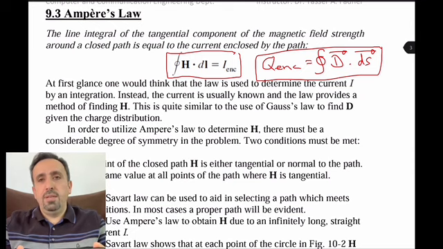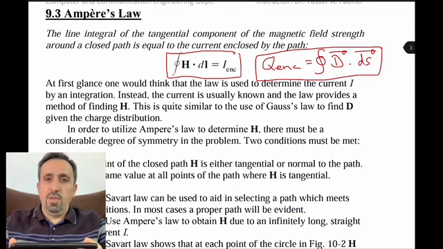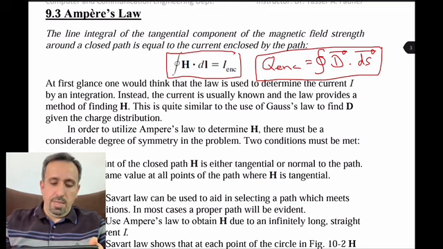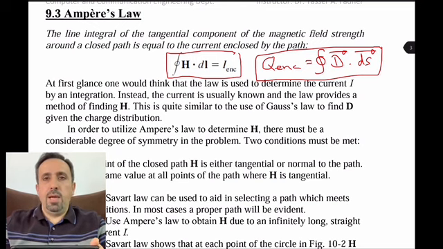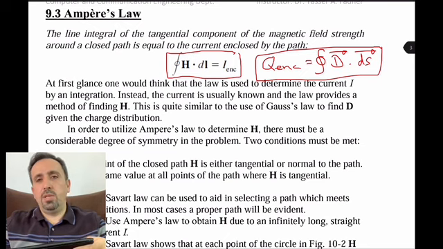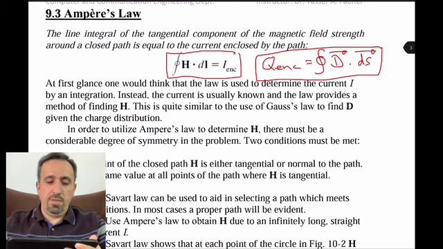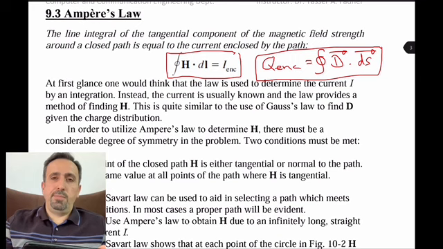But here you have to ask yourself, enclosed by what? It must be enclosed by a certain path named the Ampere path. As previously in chapter 3 for Gauss law we had a Gaussian surface, here also you have something called the Ampere path.